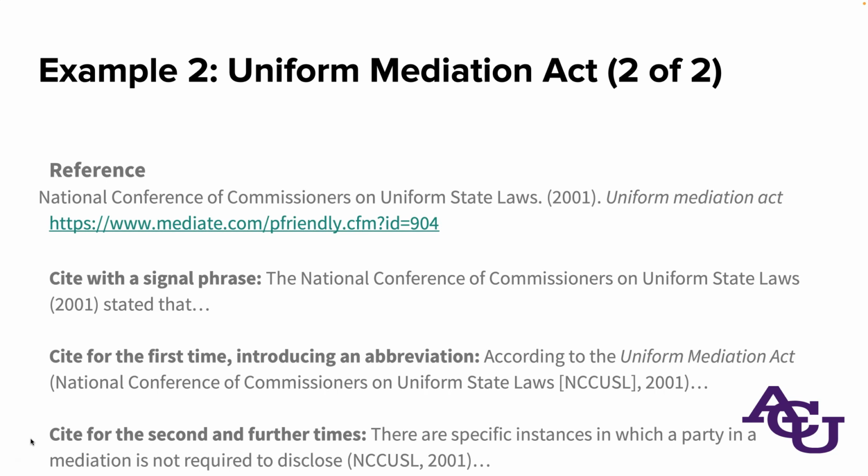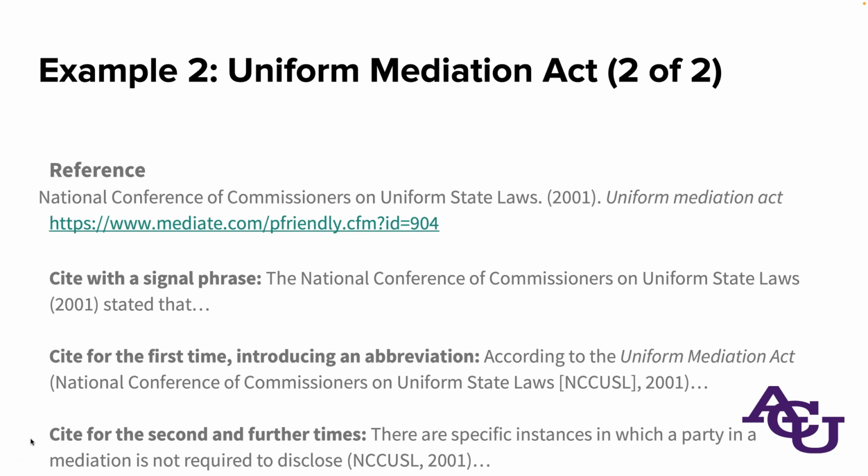All right, so the first time you're citing it, whether it's in a signal phrase or in a citation, you need to spell out the full title of the organization. But if you're going to be citing it a lot, as I suspect you would be for this paper and discussion post, you should consider introducing an abbreviation, which you can see here. It shows how to do that inside a parenthetical citation. You just include the abbreviation in square brackets.